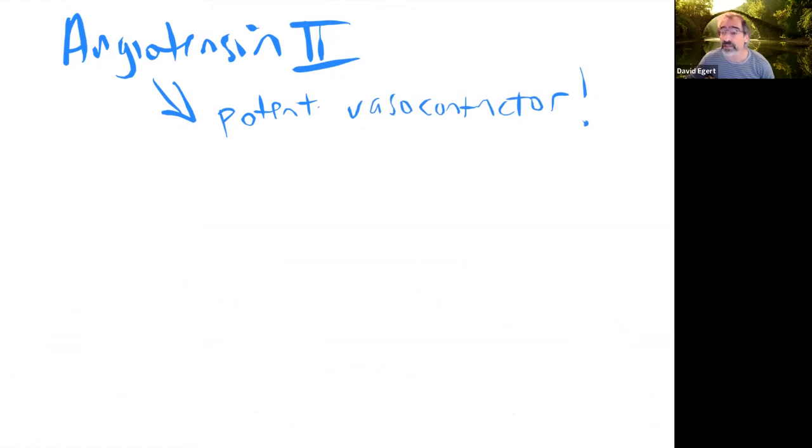Back to that basic relationship. So that would be considered a short-term control: constriction, bringing up the blood pressure. But then it does a couple of other things. It causes the release of two different hormones that have important roles.